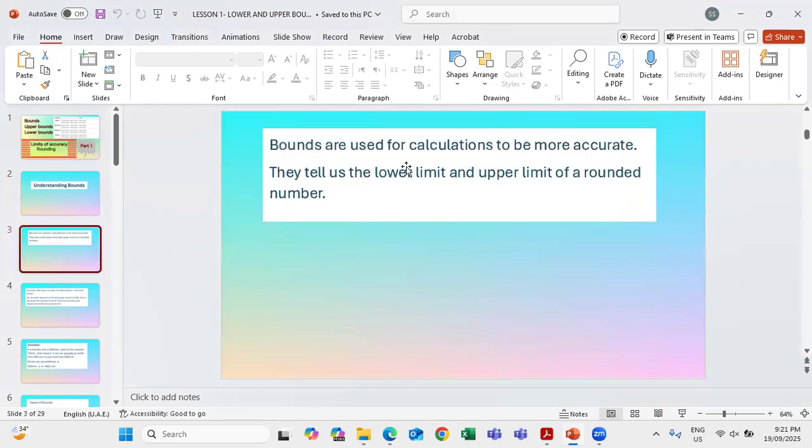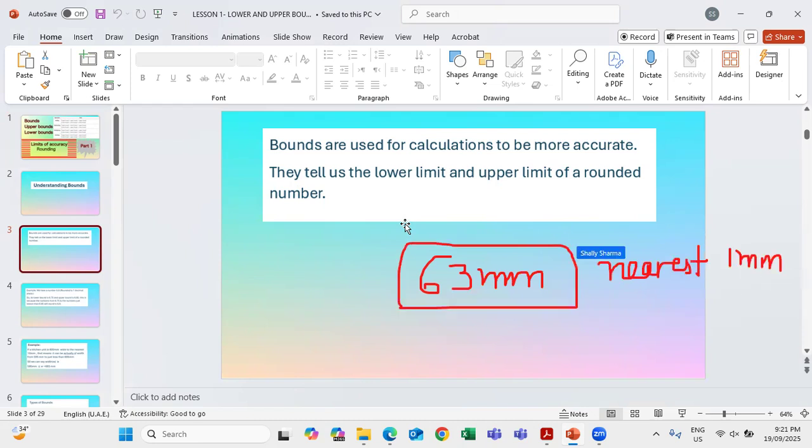Now, bounds are used for calculations to be more accurate. They tell us the lower limit and upper limit of a rounded number. For example, I say the length of this particular wooden piece is 63 millimeters. If I say 63 millimeters to the nearest 1 millimeter, that means this value is rounded off.